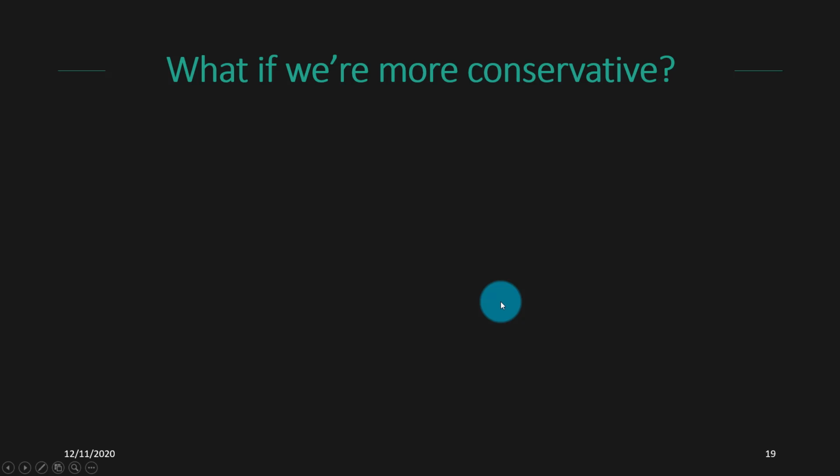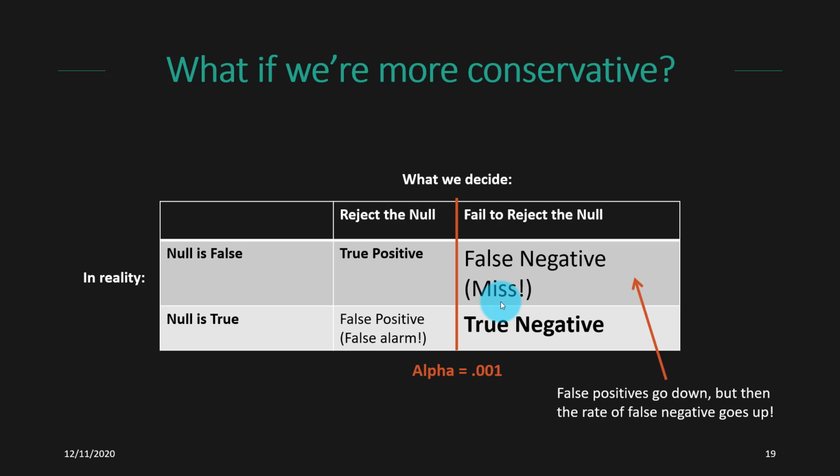And if we move that in a more conservative direction, right, the reverse is going to be true. So if we set alpha equal to 0.001, right, now we're declaring fewer things as research findings. We're rejecting the null less often. And that means we're going to have fewer false positives in those situations when the null is true. But then what's going to happen is we're potentially going to increase the rate of false negatives, right?